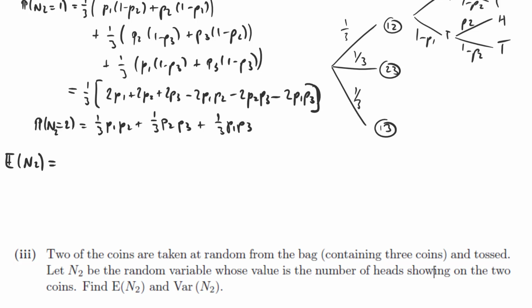So the expectation of n2 is 0 times the probability that n2 is 0, plus 1 times the probability that n2 is 1, plus 2 times the probability that n2 equals 2.